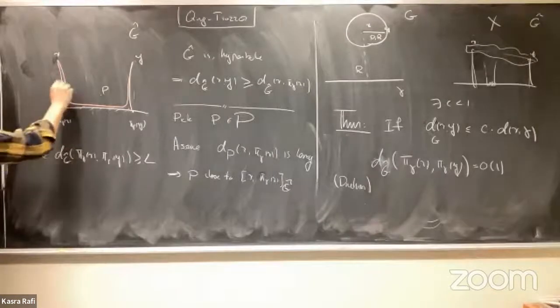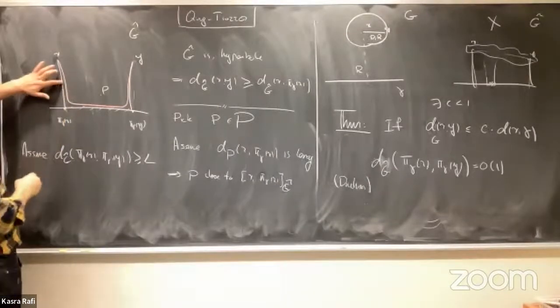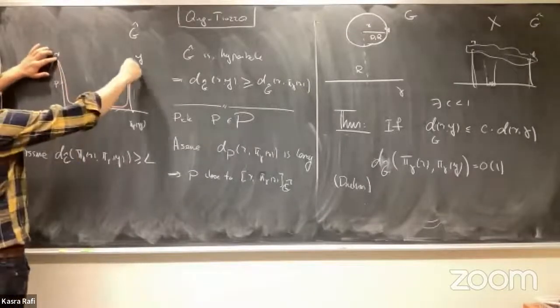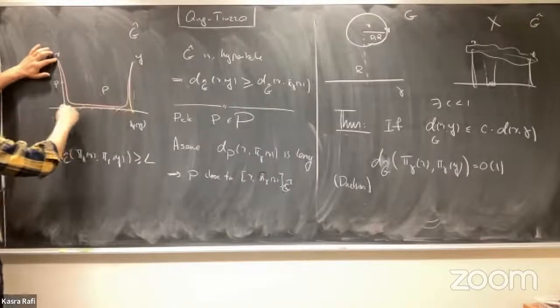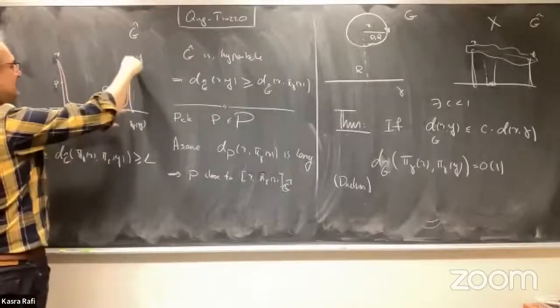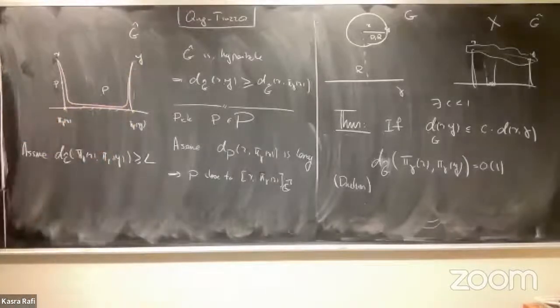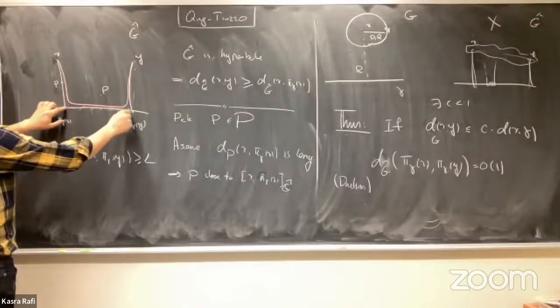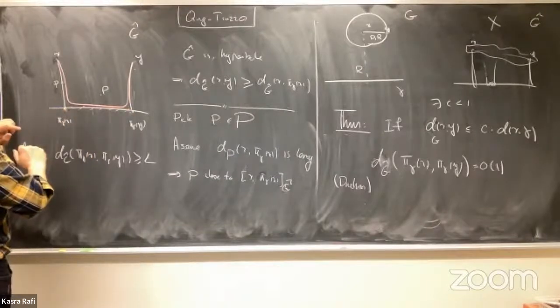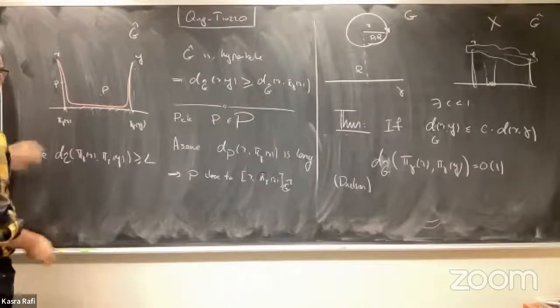So if it's way up here, then the distance between these two guys is also going to be big, because this is going to be small and this is going to be small, right? By the boundary mixture.